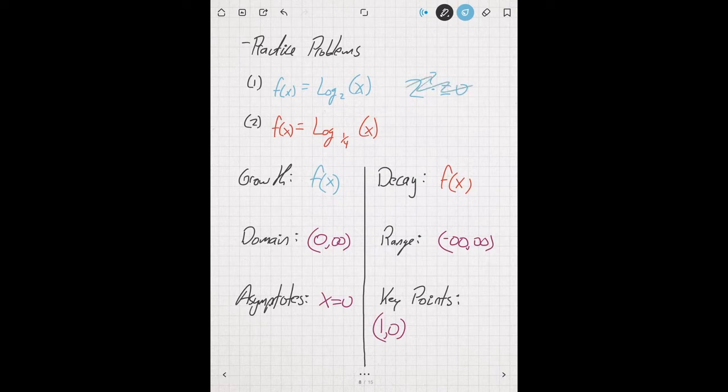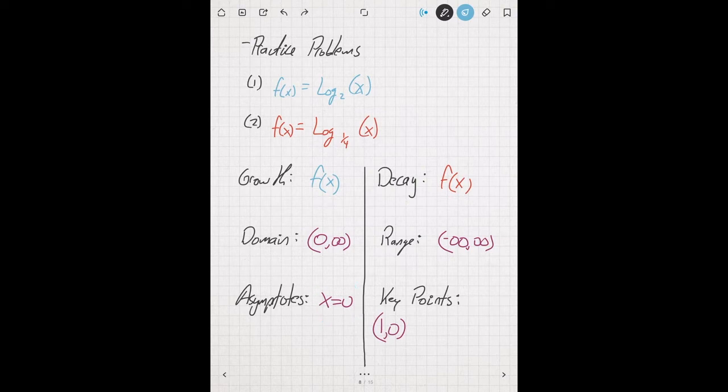There's no such thing. And 1/4 to some power gets me 0 as well. Again, no such thing. So that's why we say that x equaling 0 is the asymptote. That's the thing that they're going to approach, but they can never be at because it wouldn't work for them.